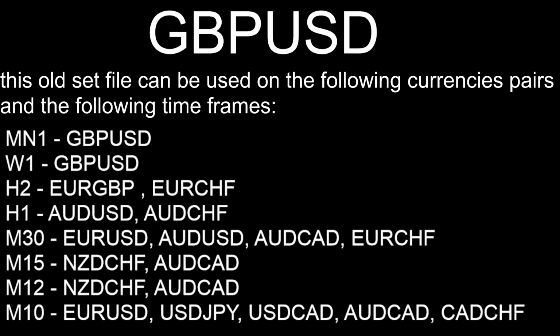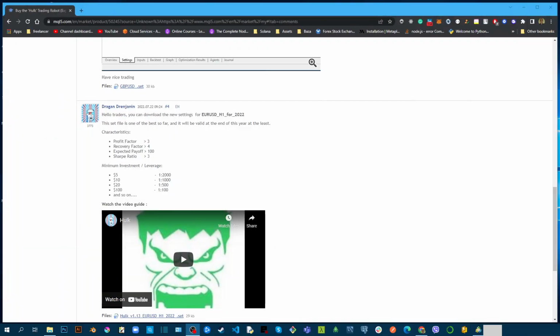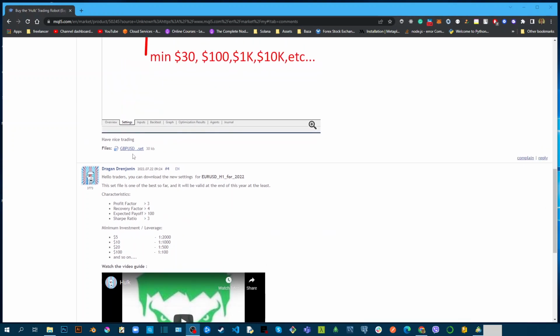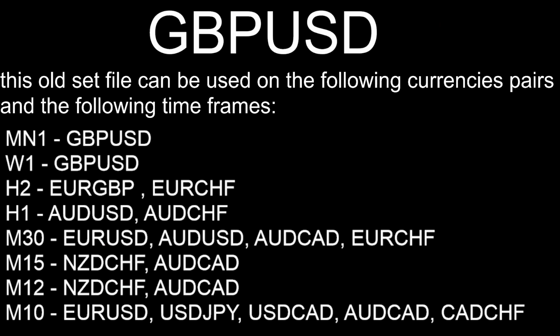I'm not checking the profit factor, recovery factor, and these other stats here. So please check all of these when you backtest this set. Maybe some of these currency pairs have pretty nice performance. So please check it all.